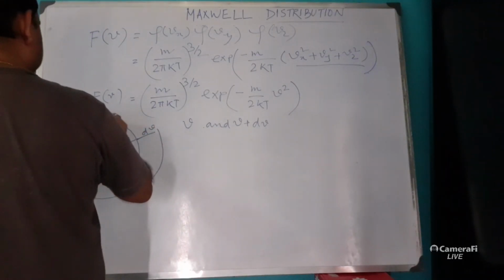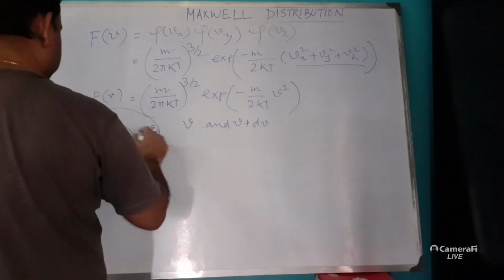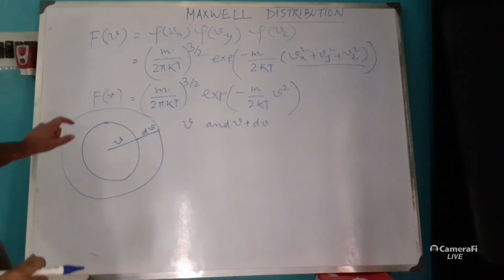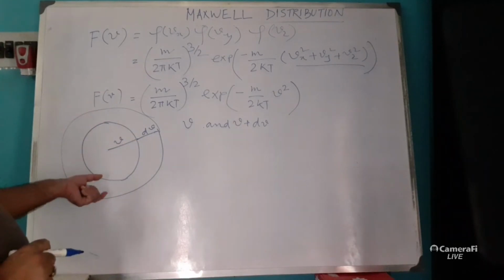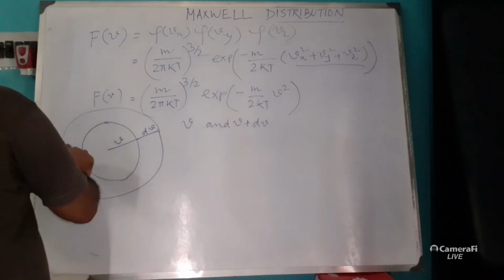Now we consider this surface. So we want to find the number of particles within the velocity range v and v plus dv. This is our shell under consideration.